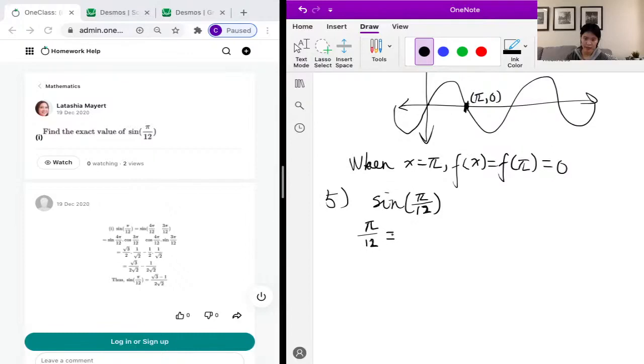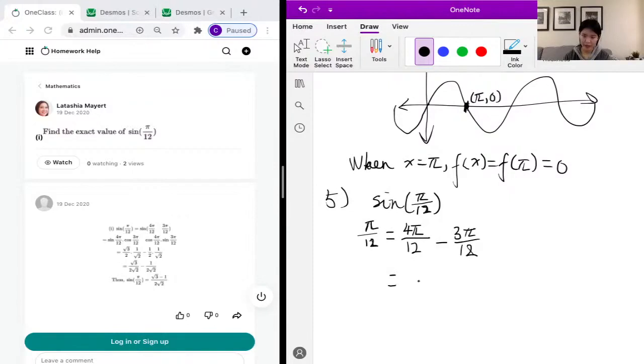So let me try to do it this way. Let's write pi over 12 as 4 pi over 12 minus 3 pi over 12, because that difference is pi over 12, so this angle still has the same value.